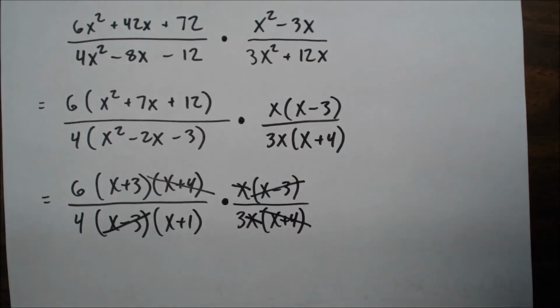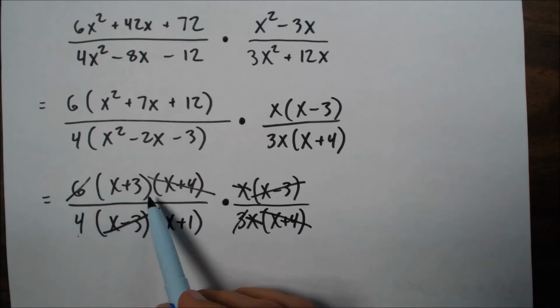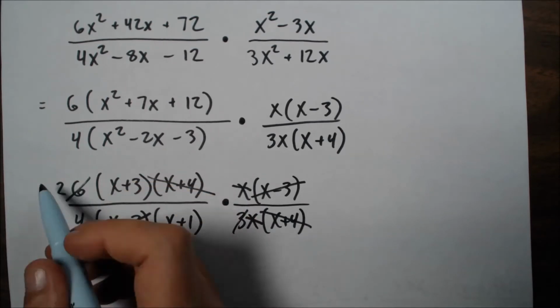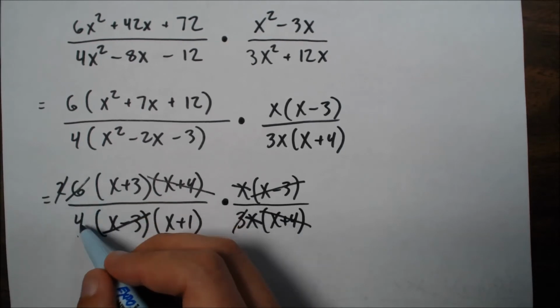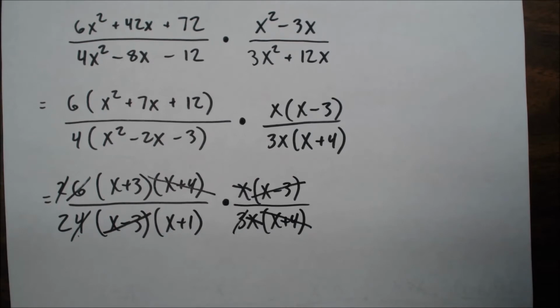So a lot of stuff's going to cancel here. You could reduce the 6 and the 4, but you've also got a 3 here. So I might just say, let's cancel that 6 and 3, and that's going to be 2 over 1. So I'll put a 2 here. And then, of course, 2 and 4 could reduce to 1/2. So that's another way to think about that. You don't need to write the 1. I'll just put a 2 here.